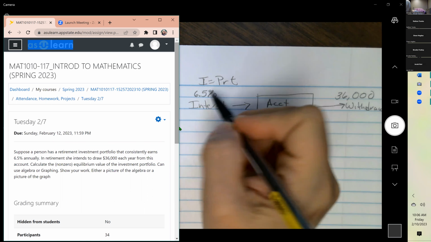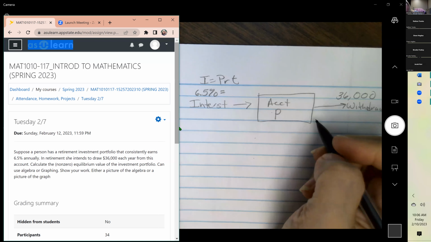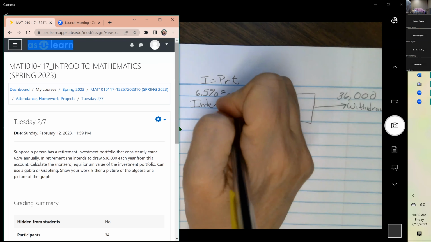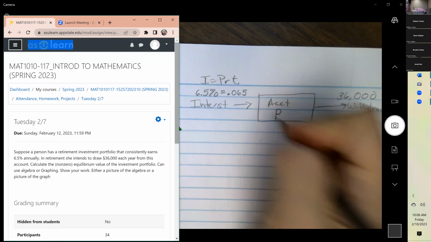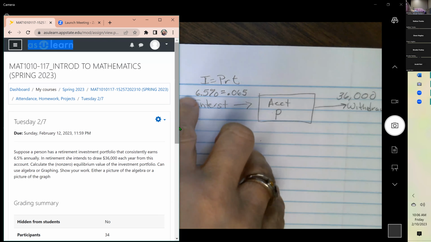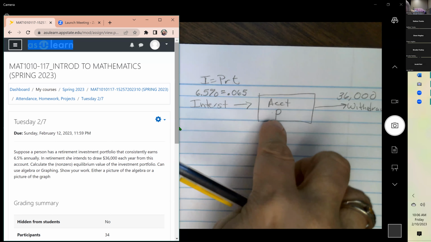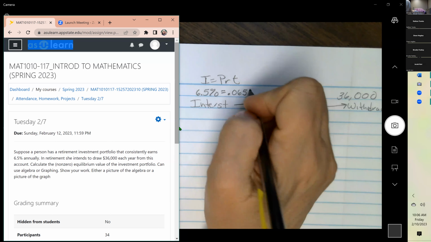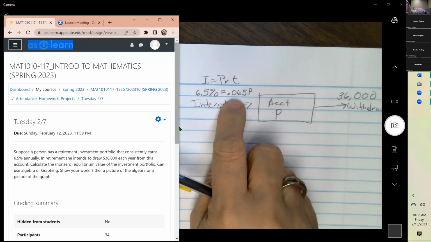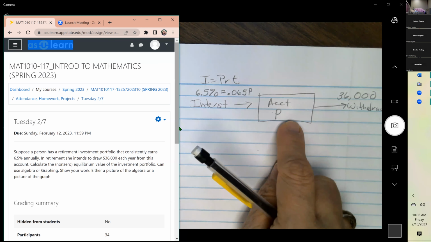Now, when you're using a rate, you need to rewrite it as a decimal. And it's this percent of what's in there. Of means to multiply. So this is what would be going into the account.